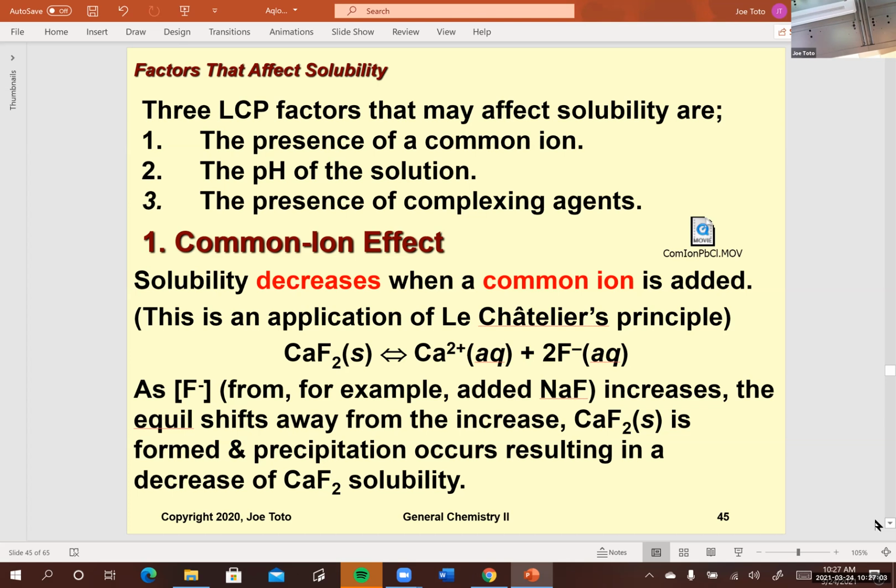For number one, the common ion effect. Say I have that calcium fluoride that I was just talking about. You know, you're fluorinating water, there's calcium in the water, you don't want a precipitation or whatever. So this just happens to be the next equilibrium. And I have this calcium fluoride in equilibrium with its ions.